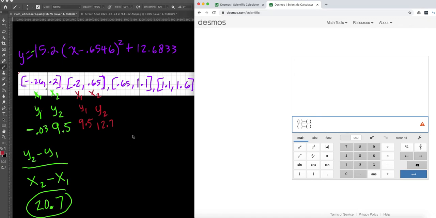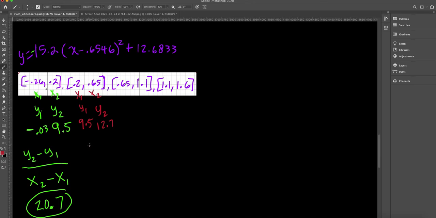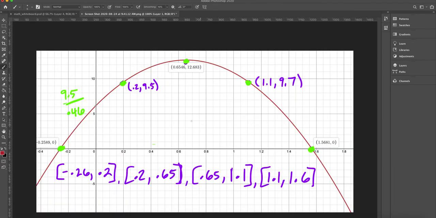So y2 is 12.7, y1 is 9.5, and x2 is 0.65 and x1 is 0.2. Okay, we see that that's 7.1. And so that's the average rate of change on there. Once again, that is describing the slope from here to here.